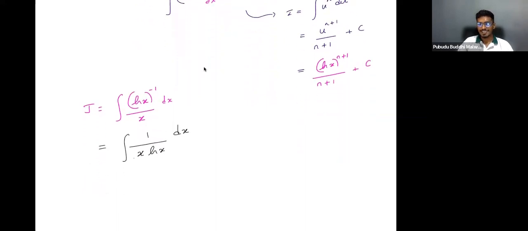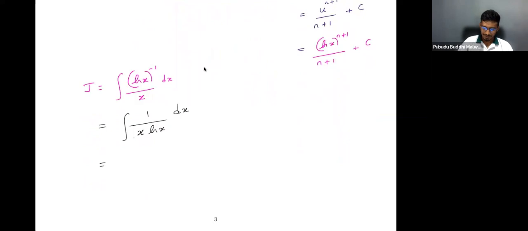I think once again, the same idea, we can apply that idea. 1 over natural log of x, 1 over x dx. This part, this is the key here actually. 1 over x. That's the derivative of the inner function.